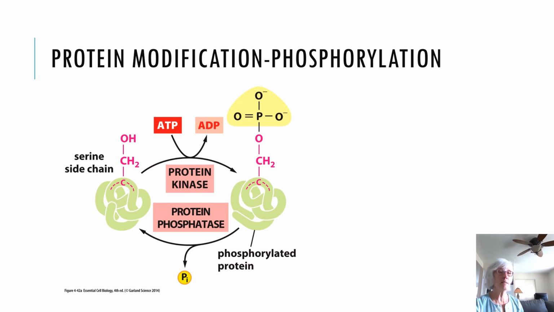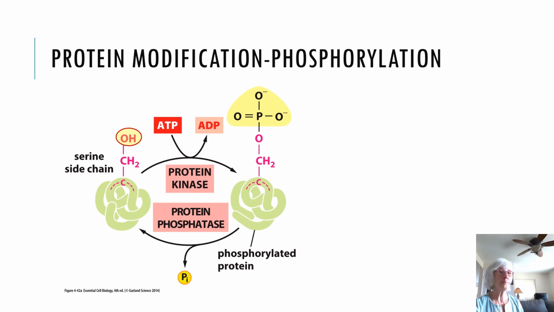The serine side chain is shown in pink, and what you can see is the serine side chain terminates in an OH group. That OH, oxygen and hydrogen, is a reactive group called a hydroxyl group that can be modified by the addition of a phosphate.